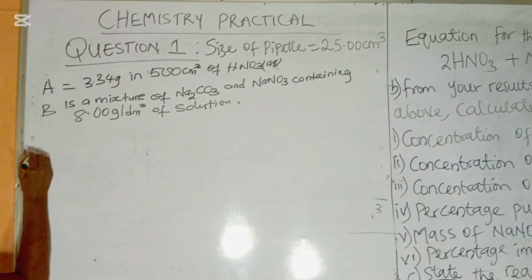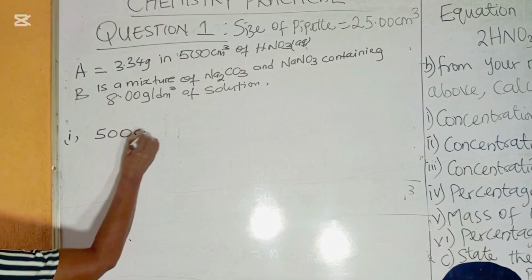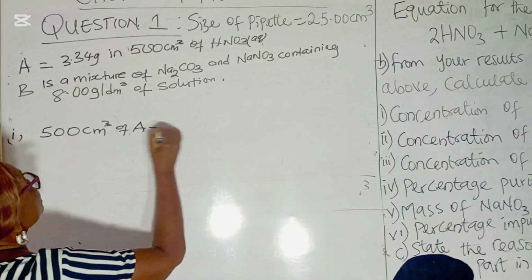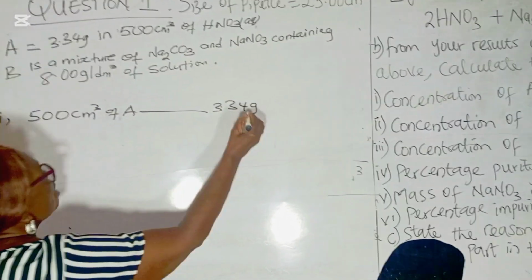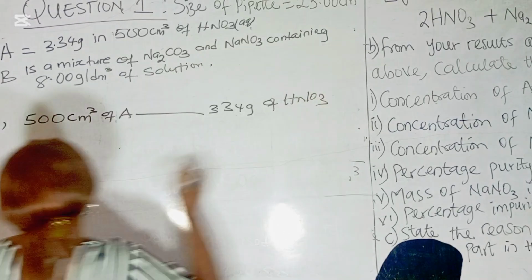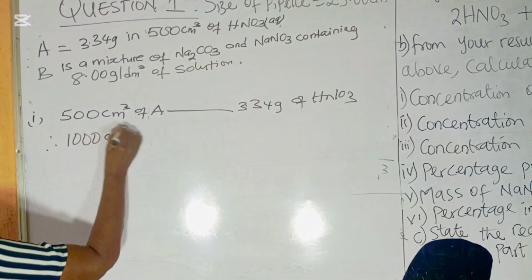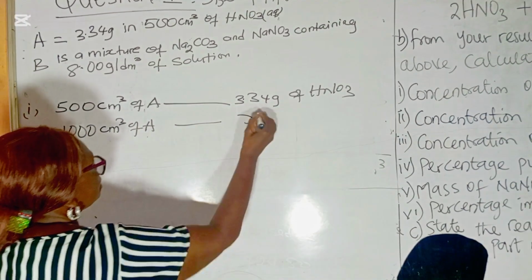So for question number 1, I will now say 500 cm cube of A contained 3.34 grams of the acid. Therefore, 1000 cm cube of A will contain unknown.